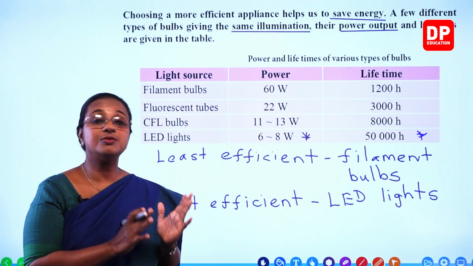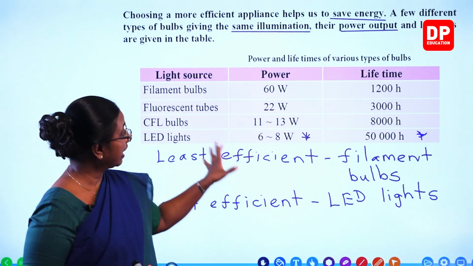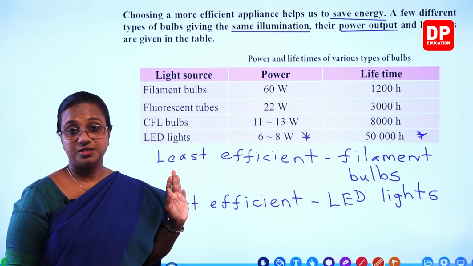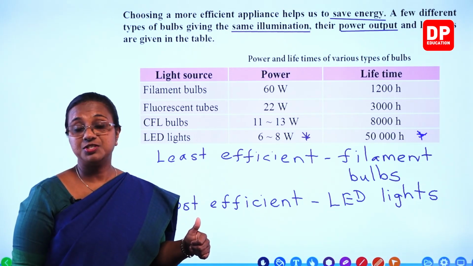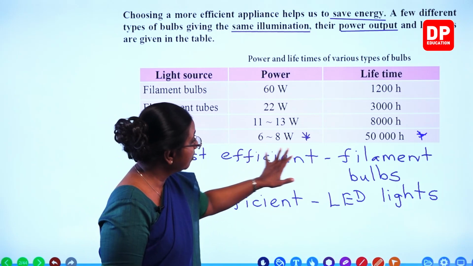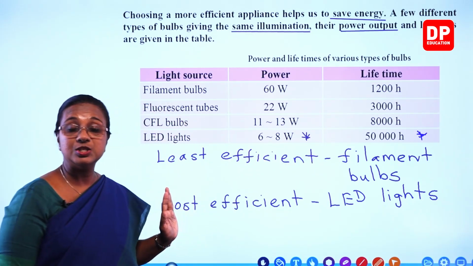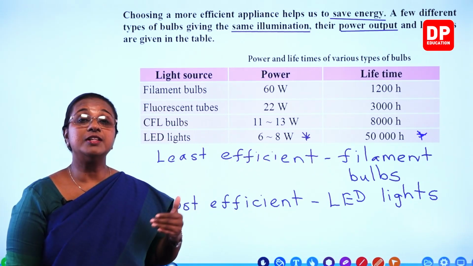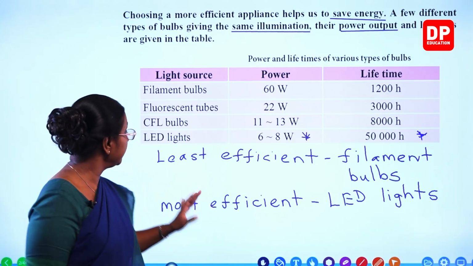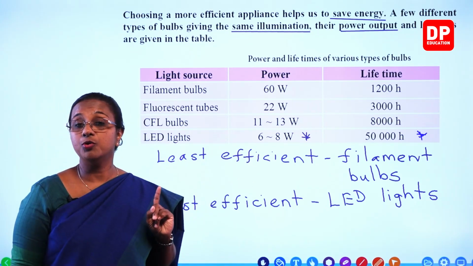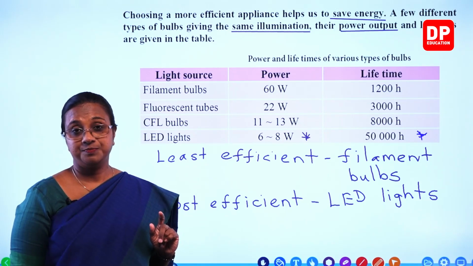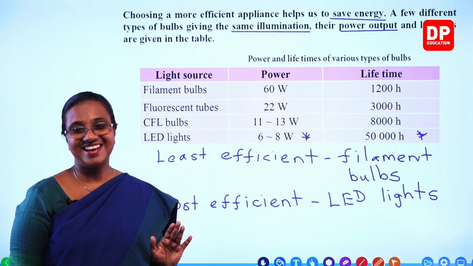So don't just look at the price only. Look at the other information. Basically, energy efficiency means they have a longer lifetime and they consume less electricity for the same illumination. That is how LED lights are more energy efficient. I'm sure you all can understand that.